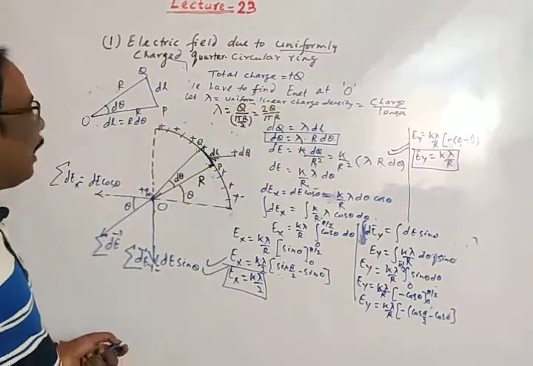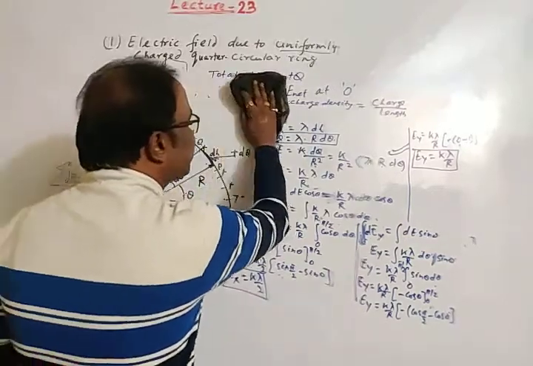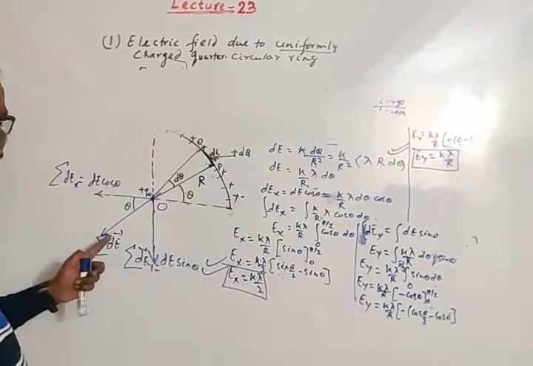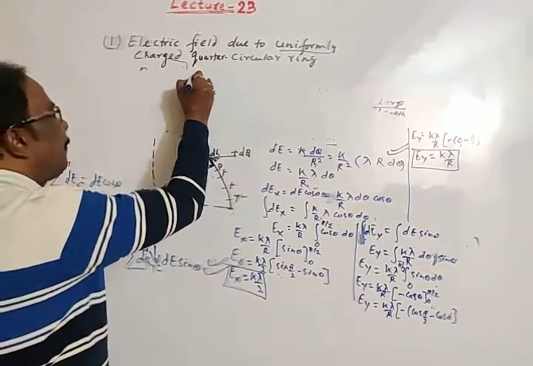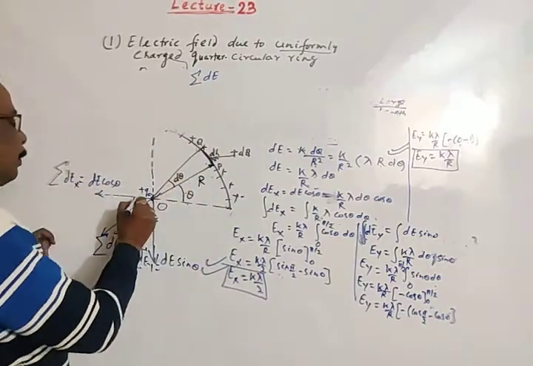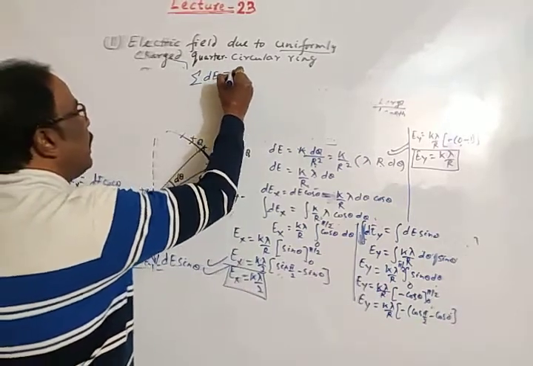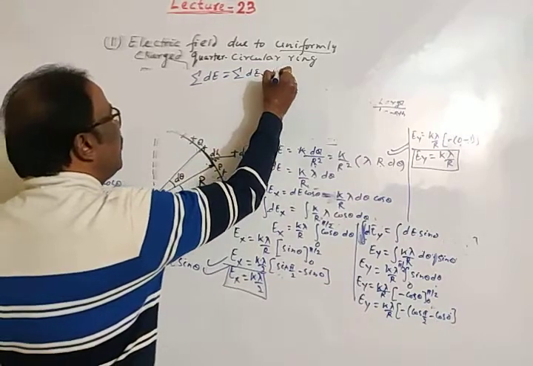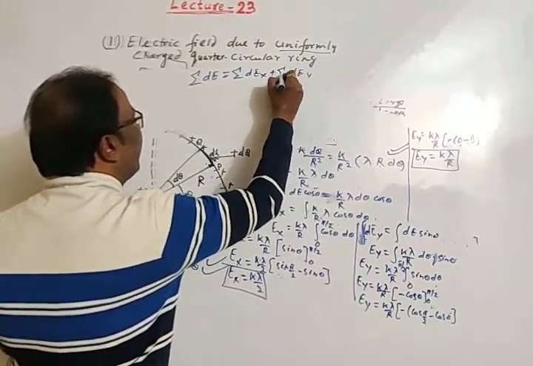Now, you have already discussed all these things. Then the resultant electric field. See, the resultant electric field is the sum of dE, and these are two rectangular components, so it is equal to the sum of dEx plus the sum of dEy.